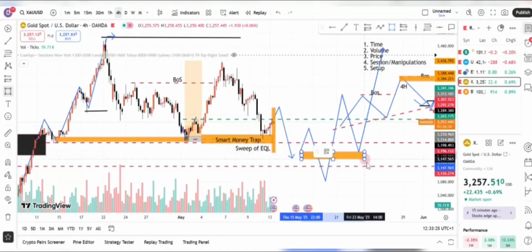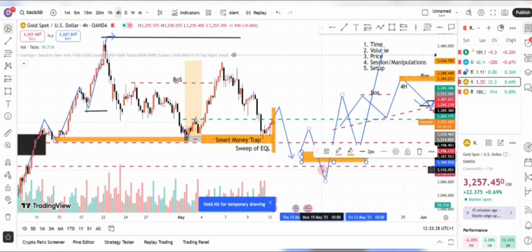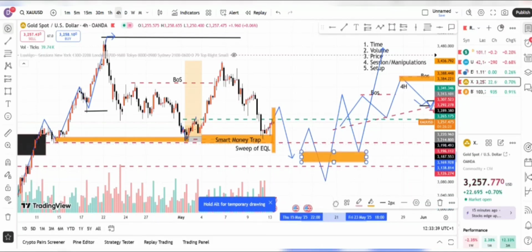So this is the switch that happened. I will just wait for the break of structure of this previous high on the 15 minutes chart. Then I'll put my stop loss, my take profit, and this will be my trade. So the trade is more or less like a confirmation entry.